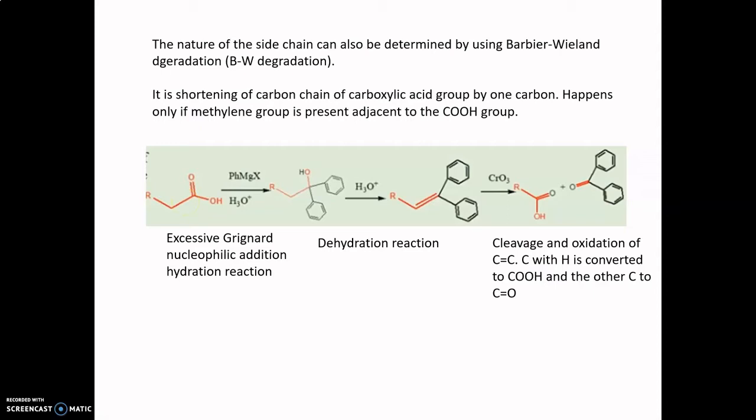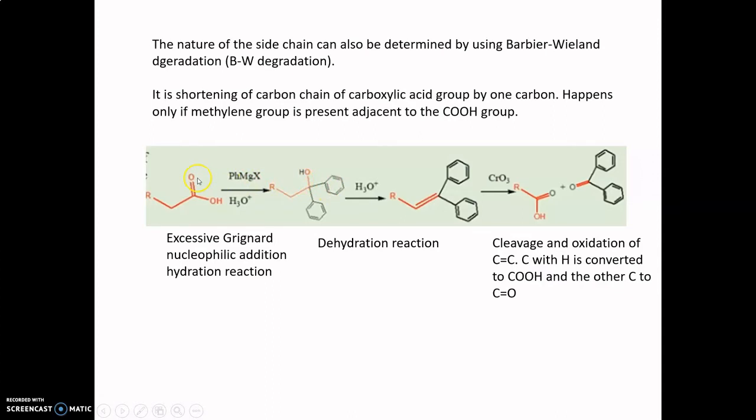The method of Barbier-Wieland degradation is, first, you have to treat the acid with the Grignard reagent. So Grignard nucleophilic addition and hydration happens, and onto the carboxyl carbonyl, the phenyl group of the Grignard reagent gets attached.